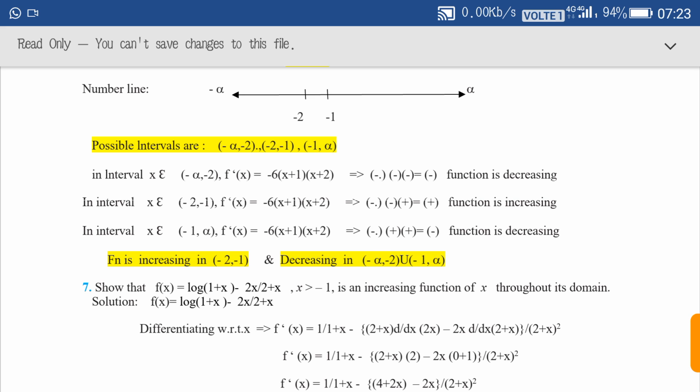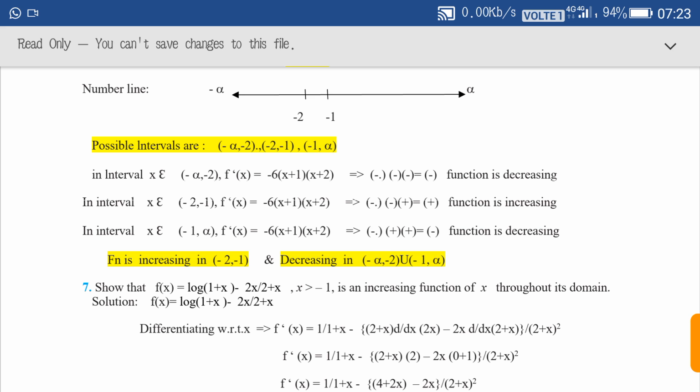Minus 6 has a negative sign. For x plus 1, you have a value on the negative side of minus 1, so x plus 1 will give you negative. For x plus 2, the values are more than minus 2, so x plus 2 will give you a positive value. So minus into plus will give you a positive sign, which is more than 0. So the function is increasing in this interval.